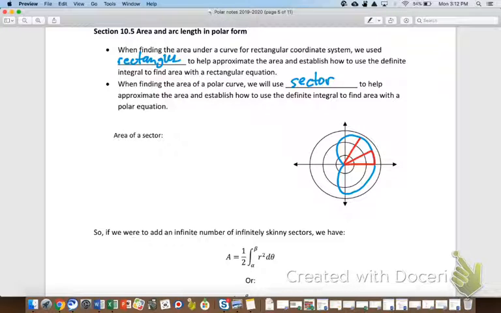Now what's challenging about this is a sector is explicitly a slice of a circle, so that curvy outer edge is circular in nature, right? And these cardioids and lemniscates are not really circular in nature. They don't have the same kind of a bend to them.